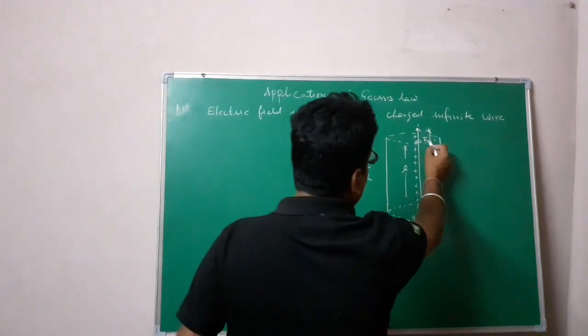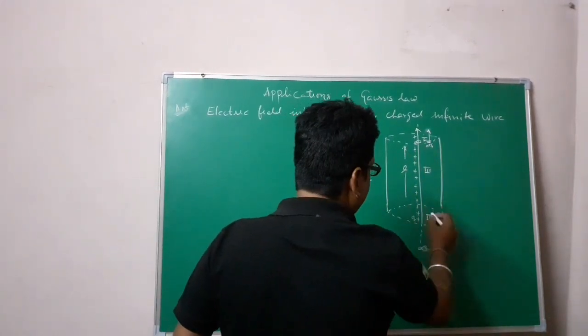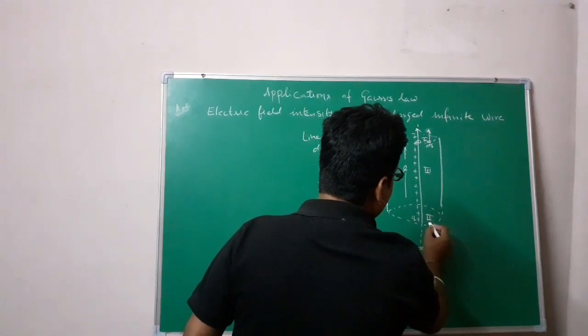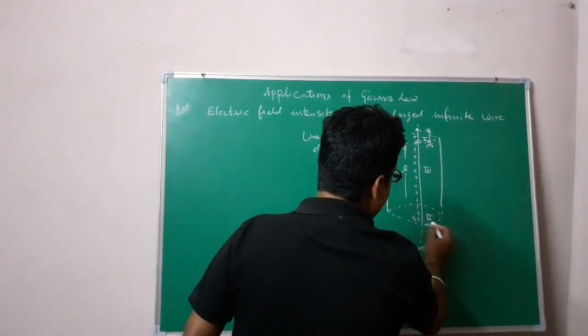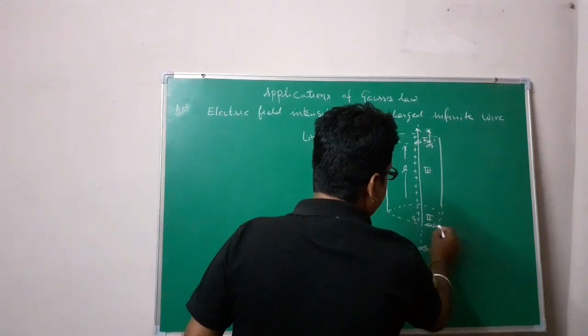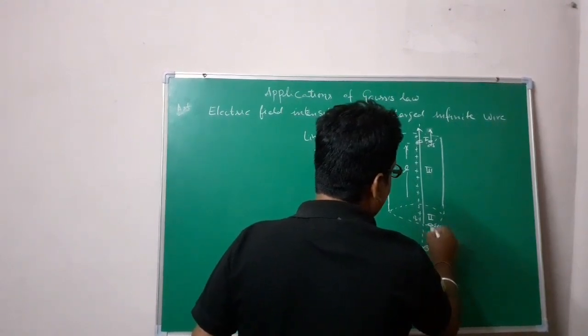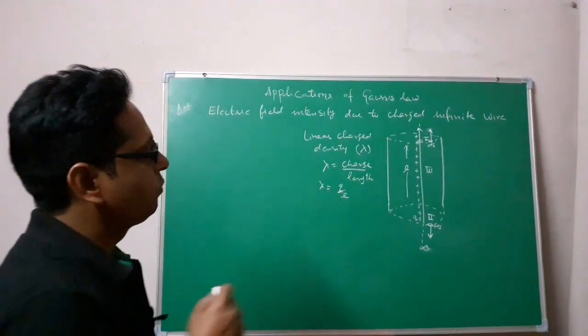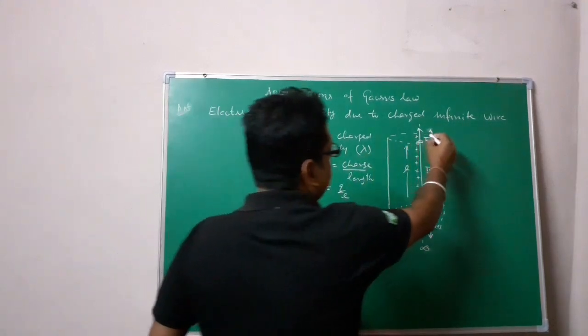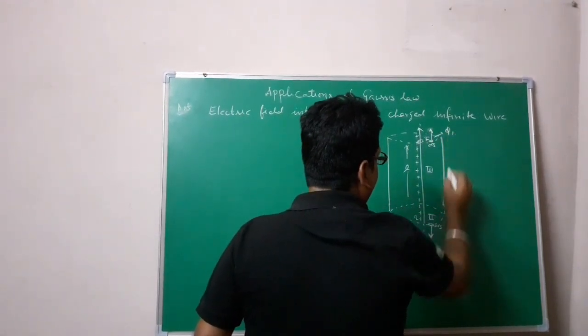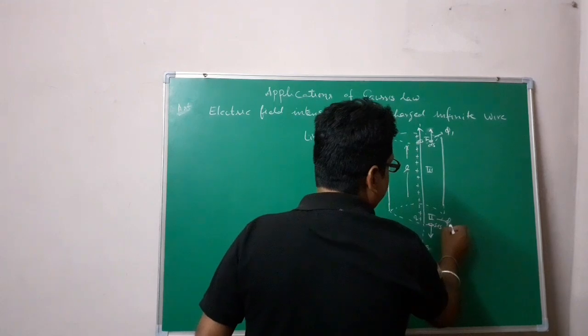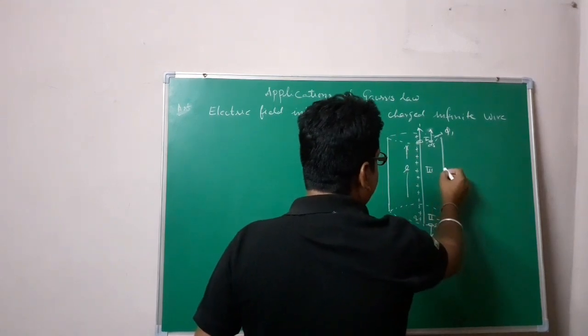And this is our dS surface. Similarly, here also we can take a small surface dS, and this surface is also perpendicular to the surface. So suppose this is having flux phi 1, and at this region flux phi 2, and through this region phi 3.